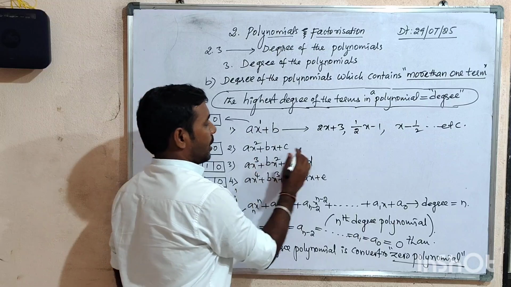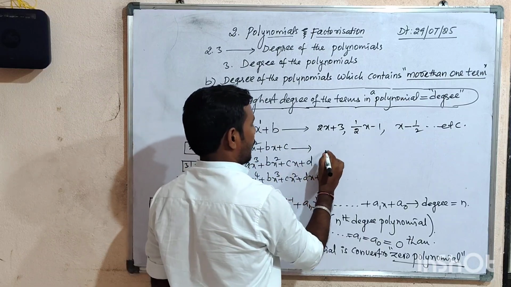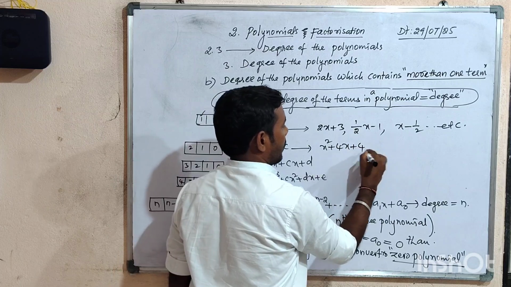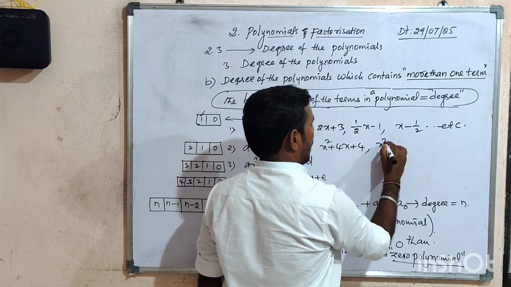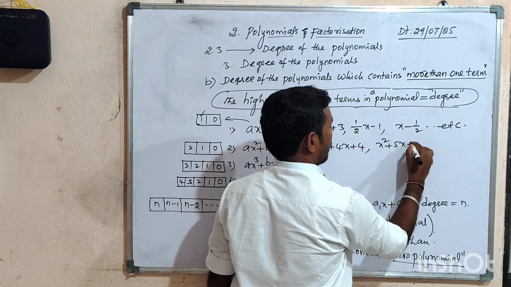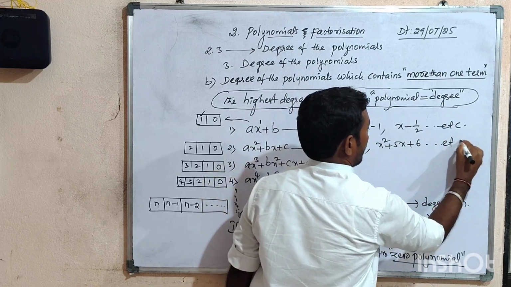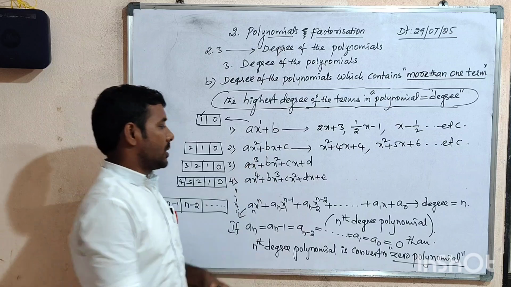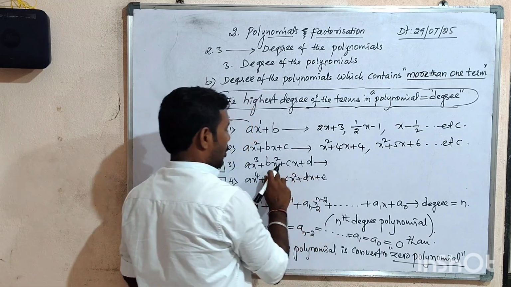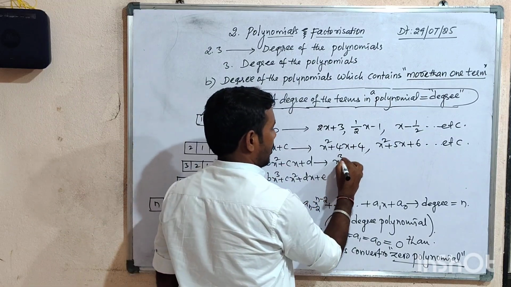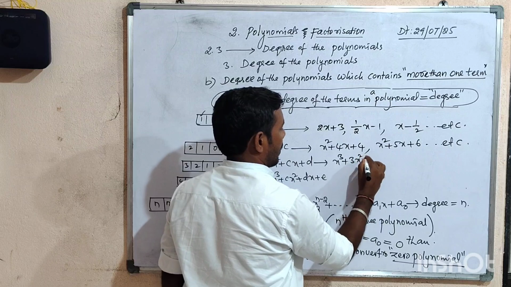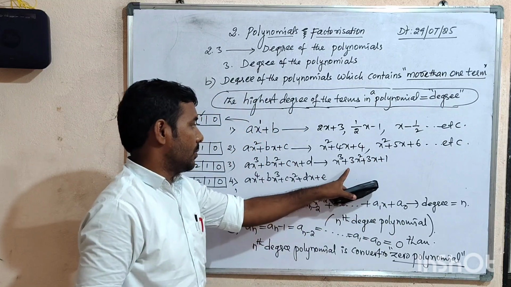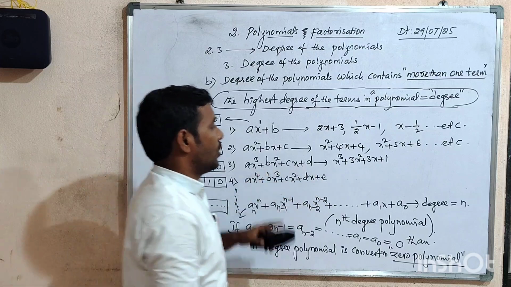Now this is a quadratic polynomial. Now I am writing a few examples. X square plus 4x plus 4, and one more example, x square plus 5x plus 6, etc. These are the best examples of quadratic polynomials. Let us go with the cubic polynomial. X cube plus 3x square plus 3x plus 1. This is one example of a cubic polynomial.